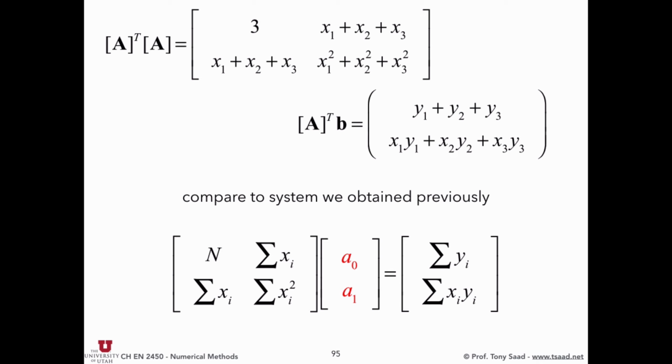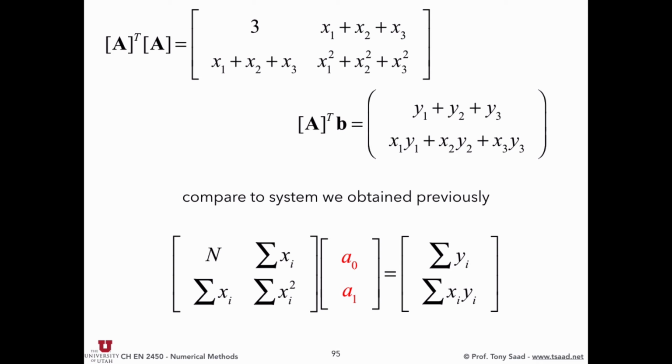So if this is A, and this is phi, and this is B, then we claim that A transpose A phi is equal to A transpose B. We claim that when we do this operation, it's going to result in our intended system of equations. So let's show that A transpose A is going to result in that system of equations.